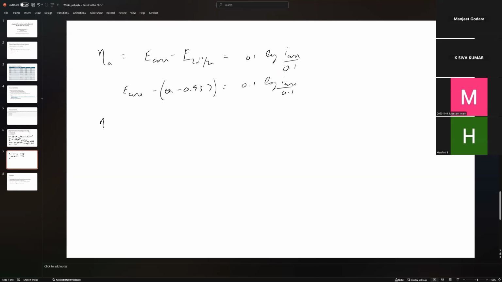For the cathodic reaction, E corr minus 0 equals minus 0.1 log of I corr over 10 to the power minus 4. Therefore, the slopes beta anodic and beta cathodic are given as 0.1 volt per decade.